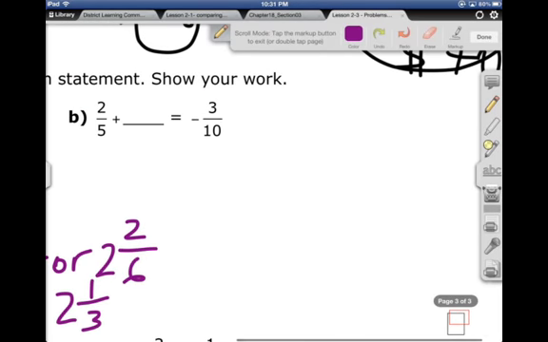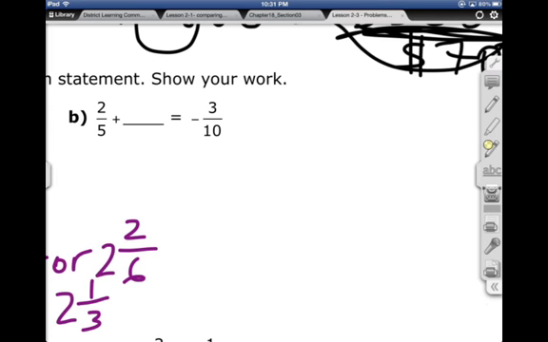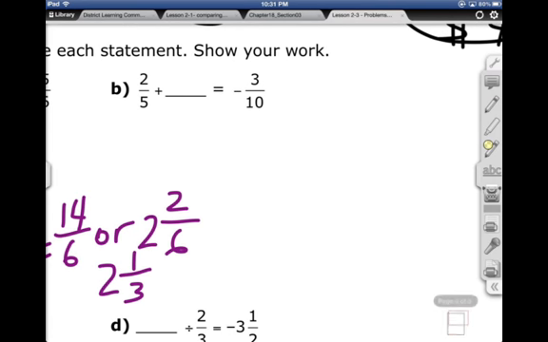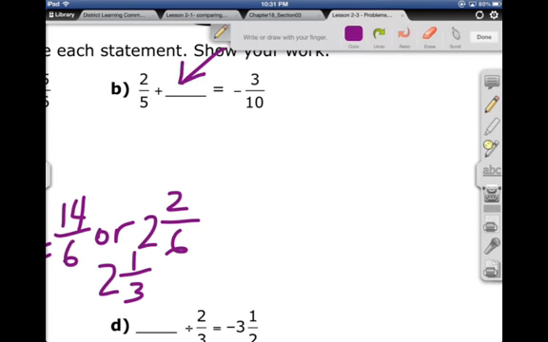If you have a question such as this, the game plan for this is to find what's missing there. Take a look at this. You're going to have to do the opposite. Instead of adding something to 2/5, the opposite is to take away the 2/5 to figure out what it was. So what have we got?